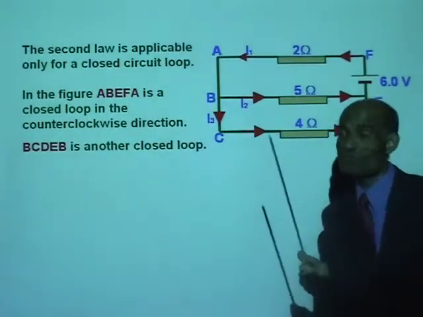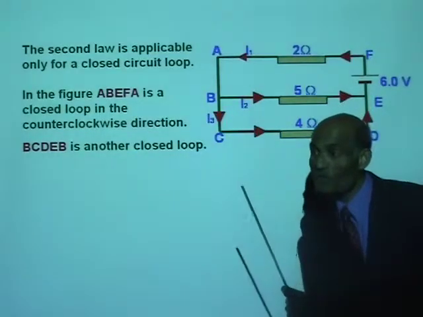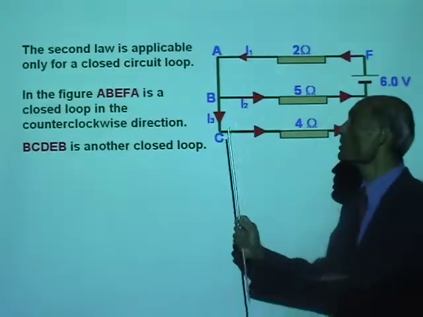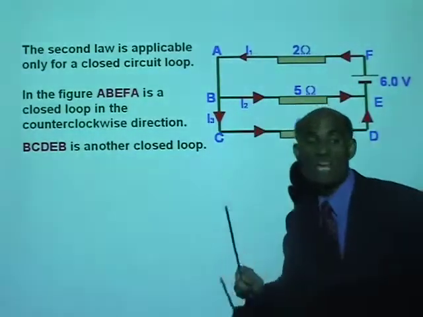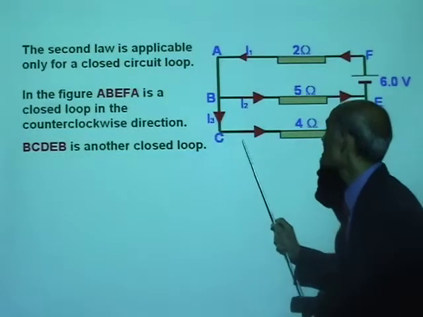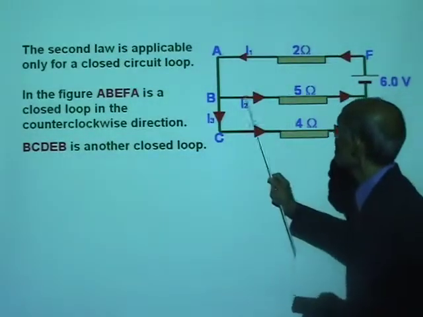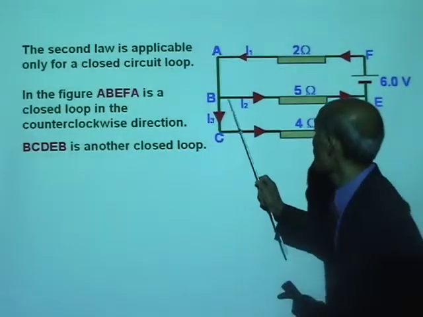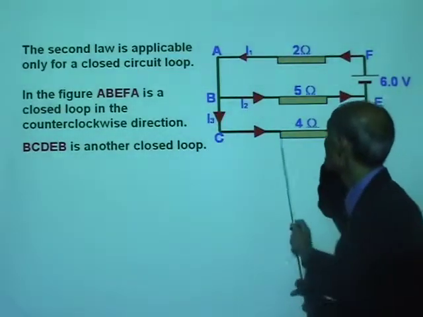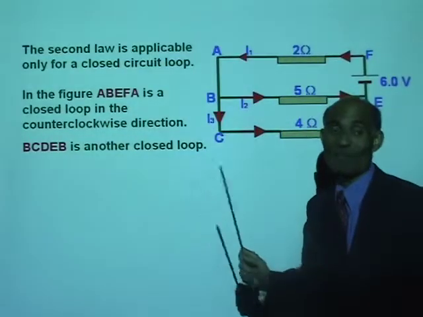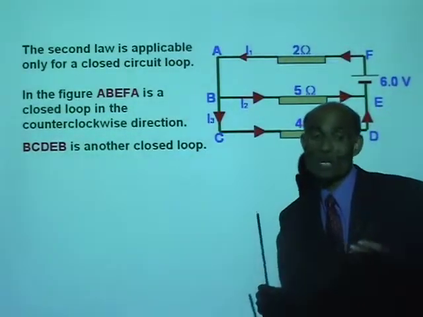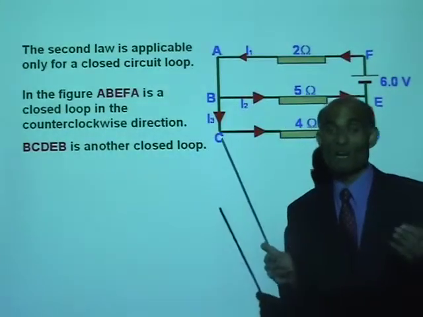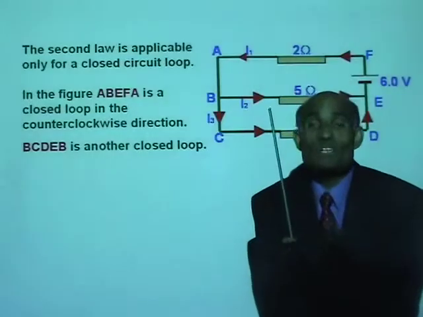Now I want you to watch the order in which I go. Watch the direction in which my pointer moves when I name the loop. B, C, D, E, B. Remember, that loop is not the same as B, E, D, C, B. Now when you read it the opposite direction, the loop is traced out in the opposite direction. Now here we are going to talk about algebraic sum.